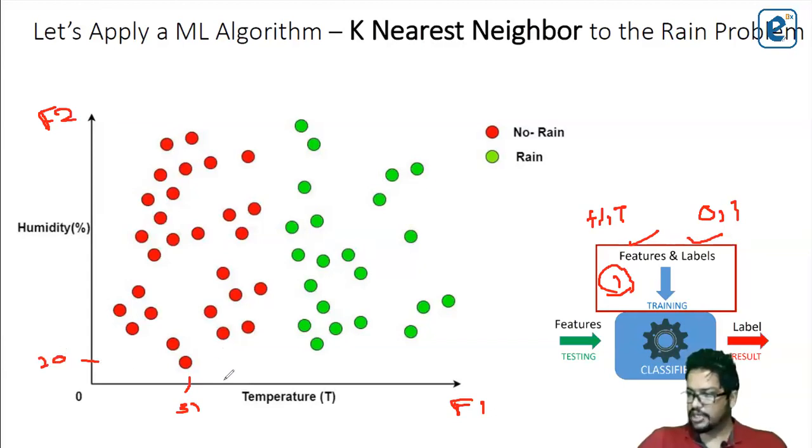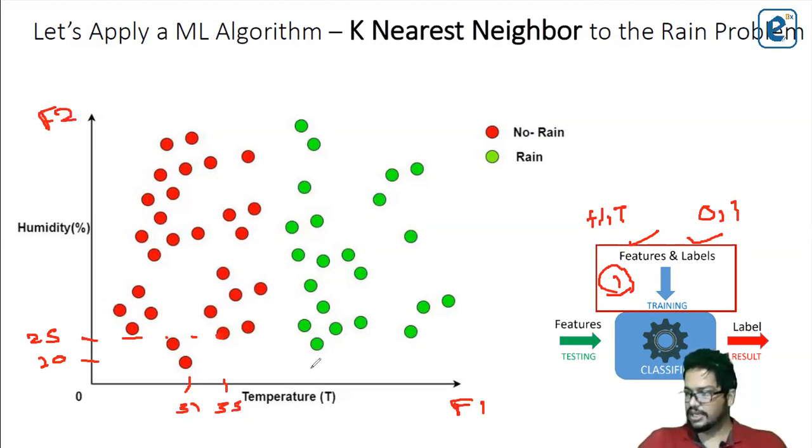This is day 2, let's say. This is day 2 temperature and this is day 2 humidity. Understood, right? So likewise, I'm going to place it in this kind of a graph, right?